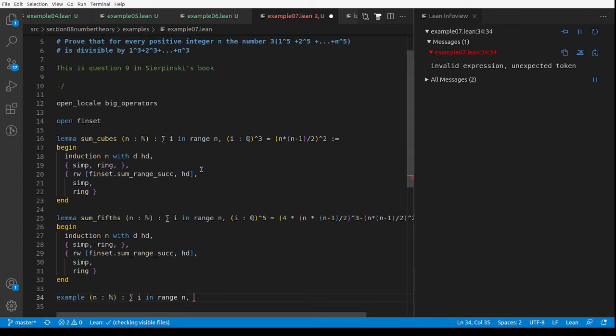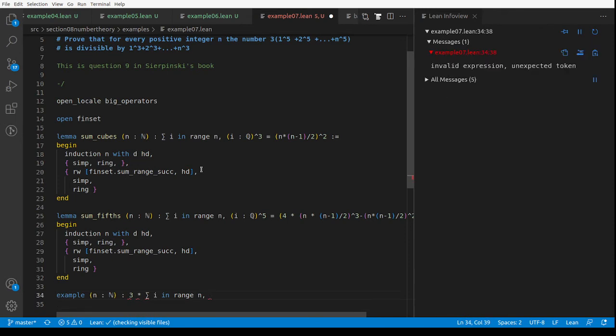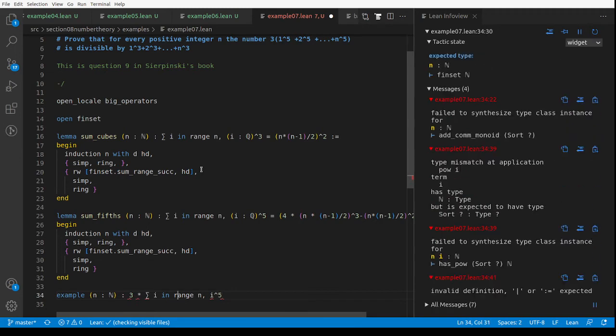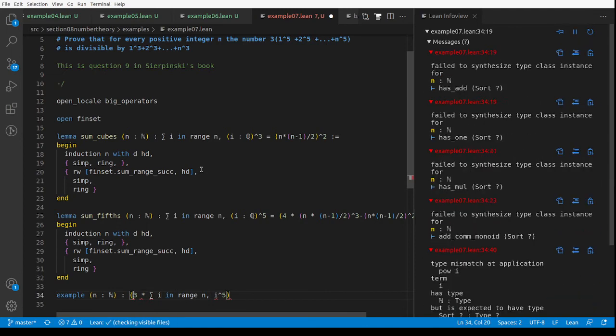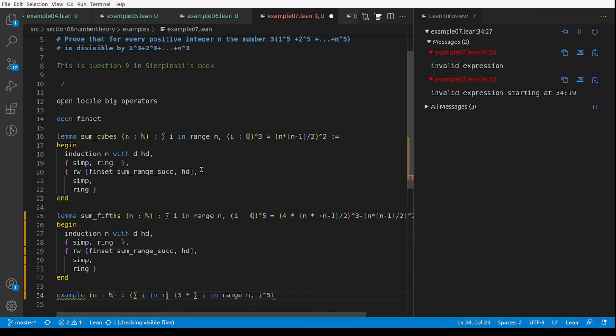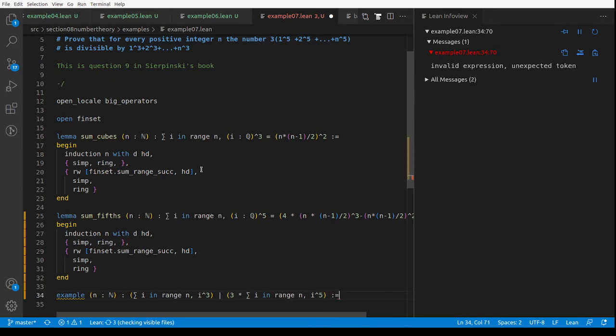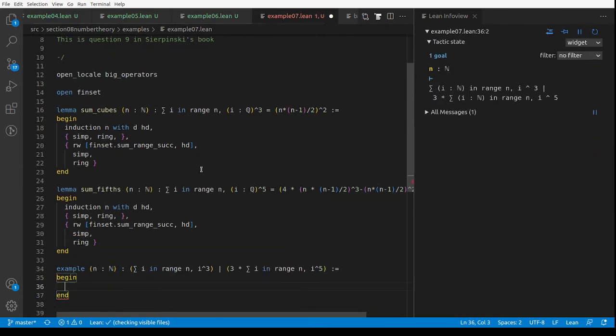The sum for i in range n, 3 times this thing here, i to the 5. My claim is that this number here is divisible by the sum for i in range n, i cubed. There. This might be harder than it looks.